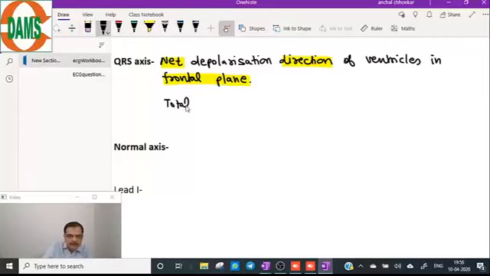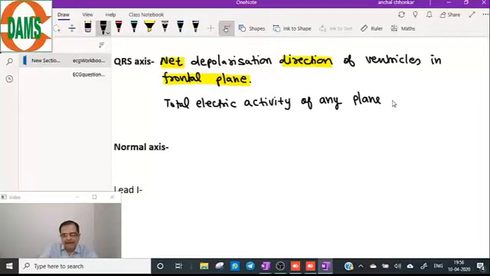Total electrical activity of any plane can be represented by two perpendicular leads.